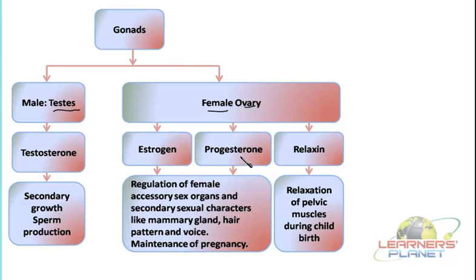For that, the extra deposition or thickening of the uterus should take place, and that is the function of progesterone. And if pregnancy is not established, then of course it has to be released out, and that is known as menstrual flow.